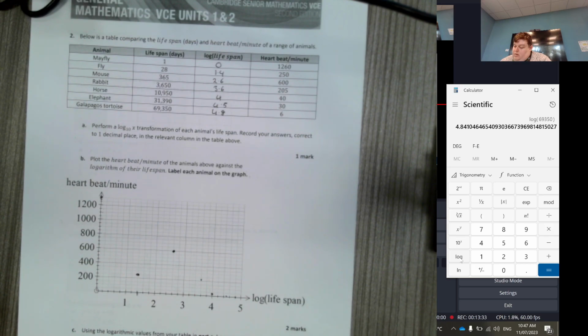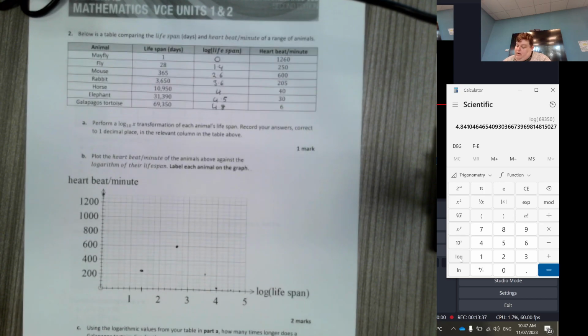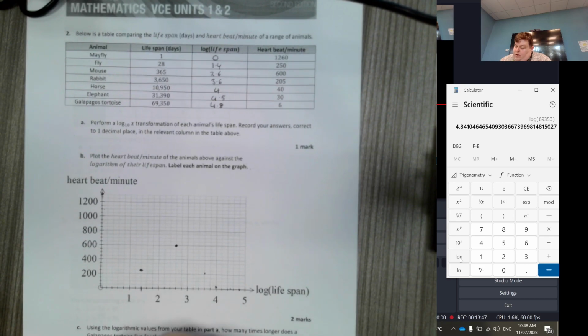Anyway, using logarithm values in part A, how much longer does a tortoise live for than a mouse? Okay, so tortoise is 10 to the power of 4.8, minus a mouse is 2.6, meaning that it is 2.2 magnitude difference.